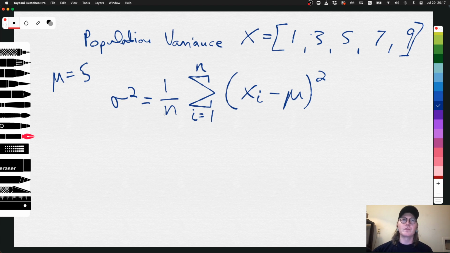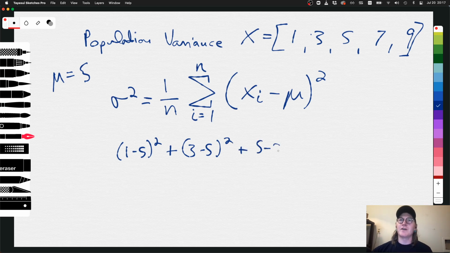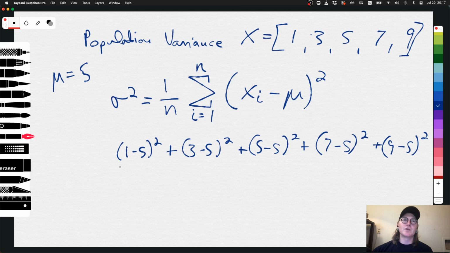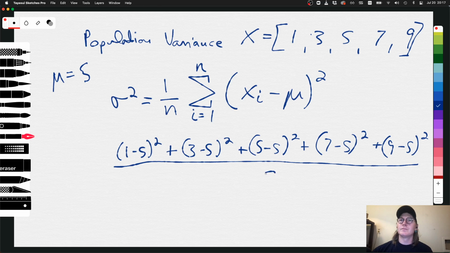We could say each data point, so we would say 1 minus 5 squared plus 3 minus 5 squared plus 5 minus 5 squared, 7 minus 5 squared, 9 minus 5 squared. And all of this is going to be divided by 5. And that should give us our variance.